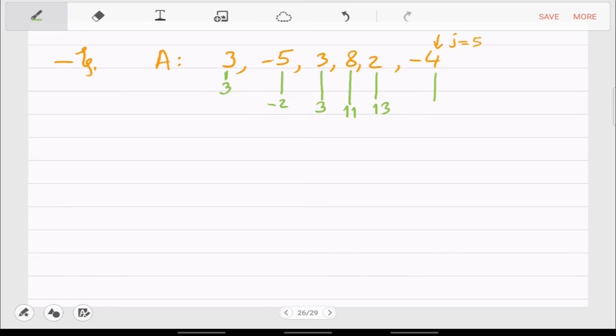And what is the last one? So we are going in this direction. So this will be 9. Right, so in this example, you can already see the evolution.